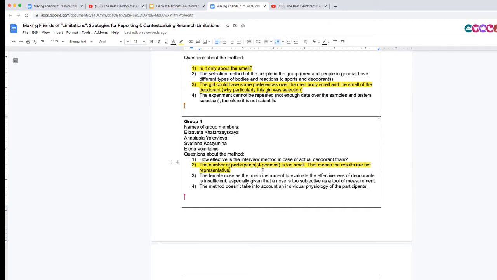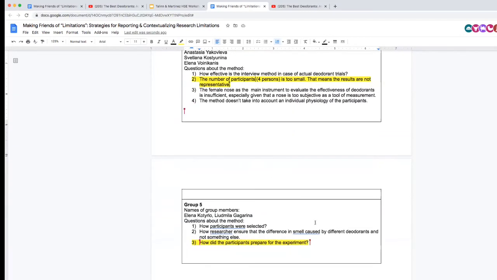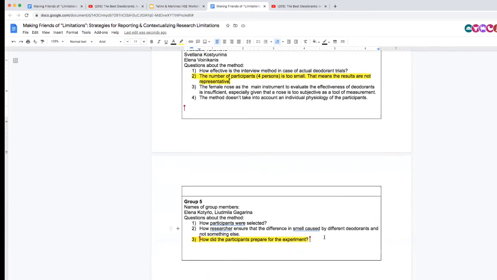So definitely too small. And then finally in group 5, how did the participants prepare for the experiment? So things like, did they all shower before engaging in the experiment? If they did shower, was it the same amount of time before the experiment?